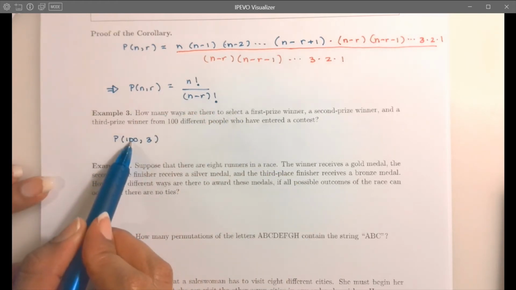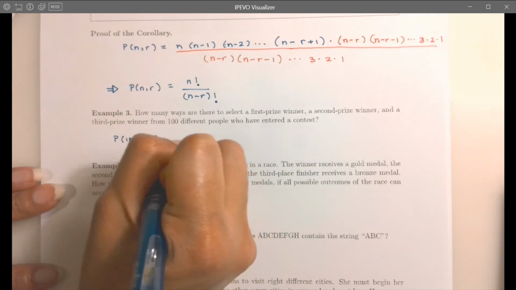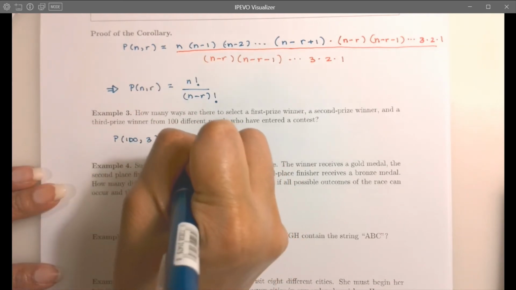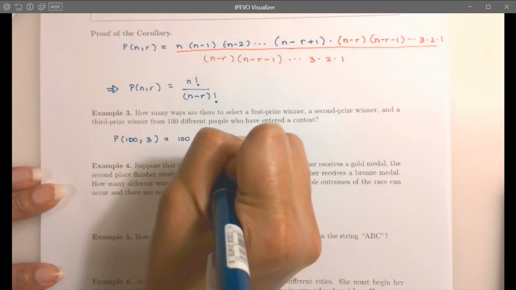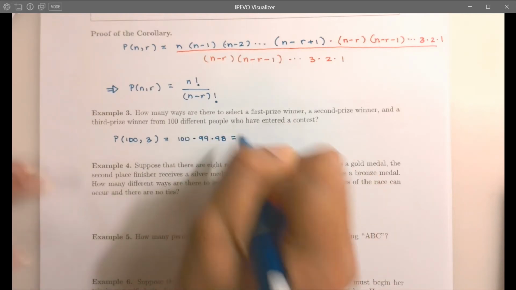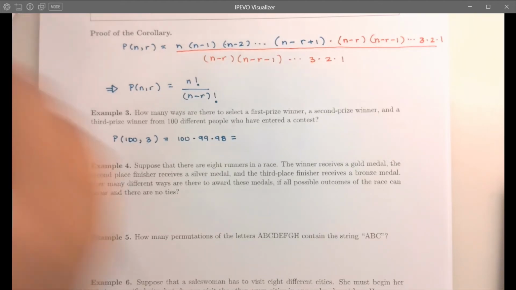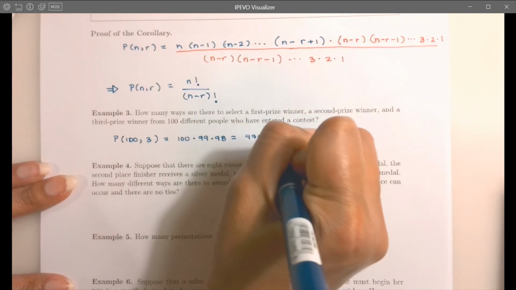We have 100 people, and we want to pick 3 out of those 100 people to give them first, second, and third place. So there are 100 options for first place times 99 options for second times 98 options for third. And if we punch that into our calculator, we're going to get 970,200.